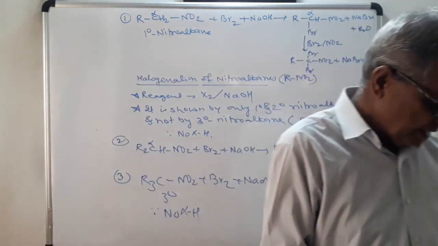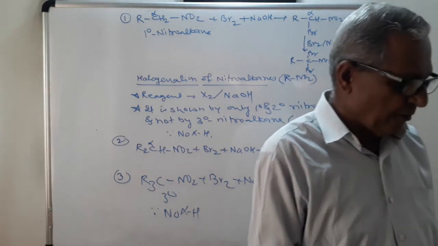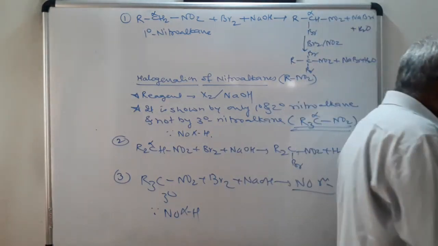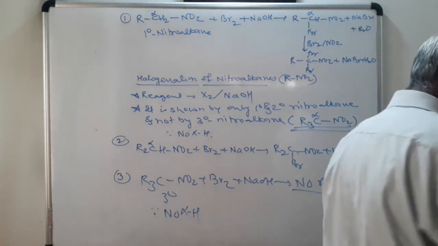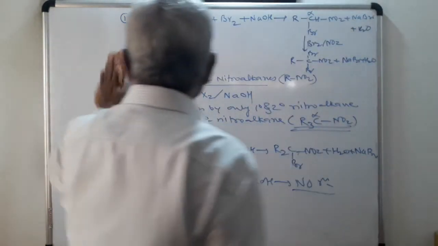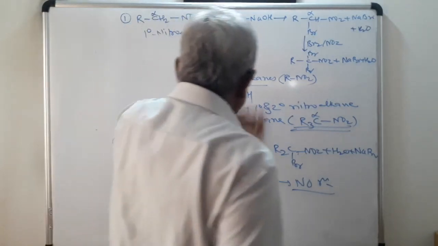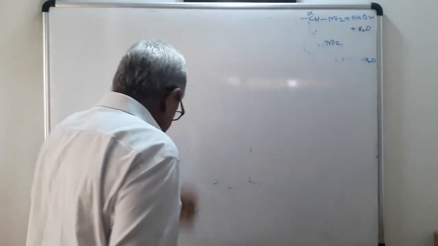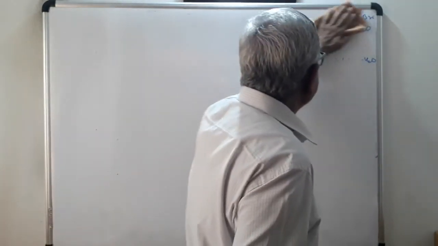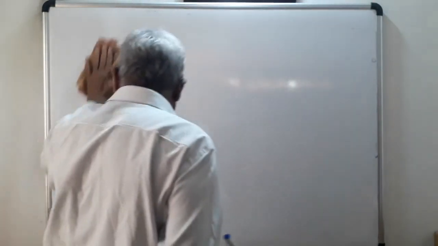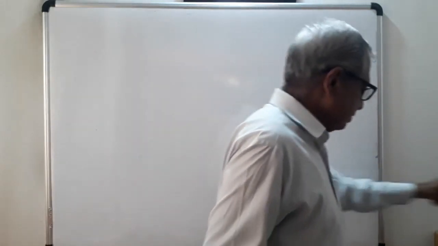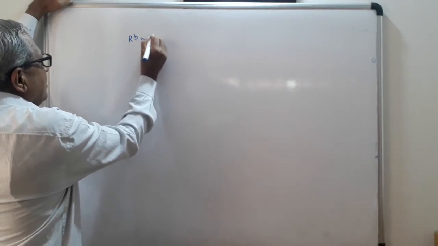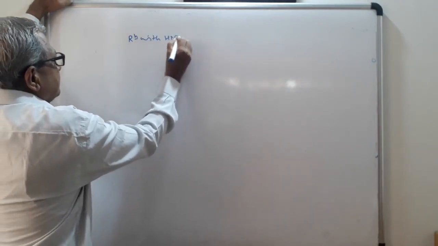So we completed the reaction of nitro compounds. Now the fourth reaction, that is reaction with nitrous acid. It is a distinguishing test between primary, secondary and tertiary nitro compounds because it gives different colors with each. So next, reaction with nitrous acid, HNO2.